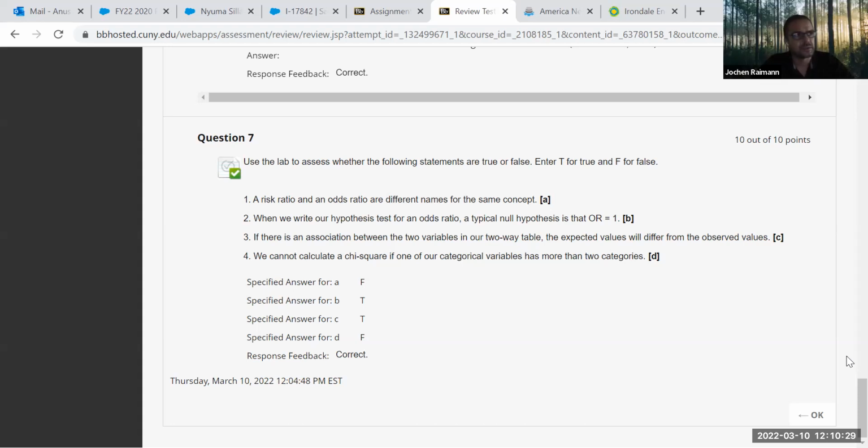A risk is inherently different. A risk is essentially a probability out of the entire realm of possibilities. Let's put it this way: you have a risk ratio and an odds ratio. You have a contingency table, with exposure as the rows and occurrence of an event as the columns.